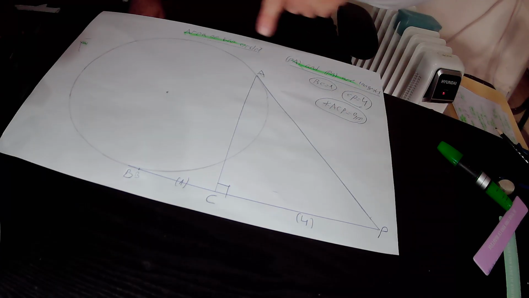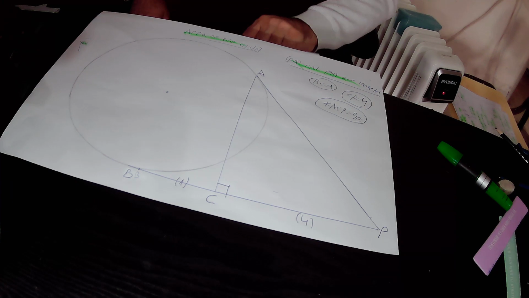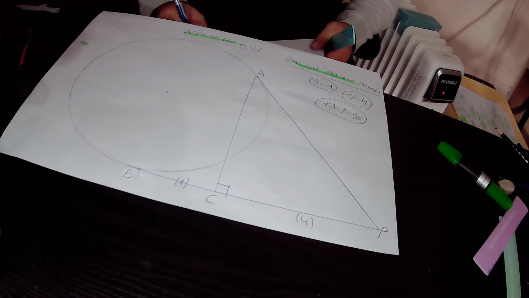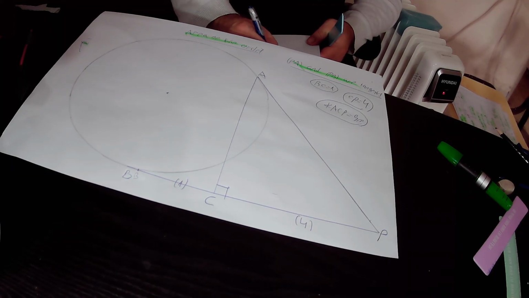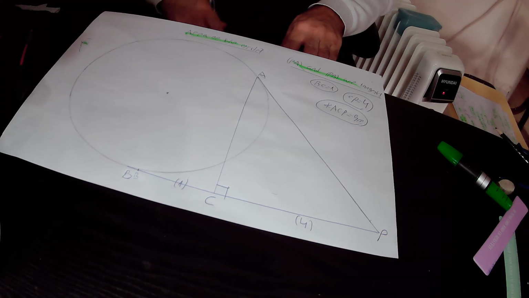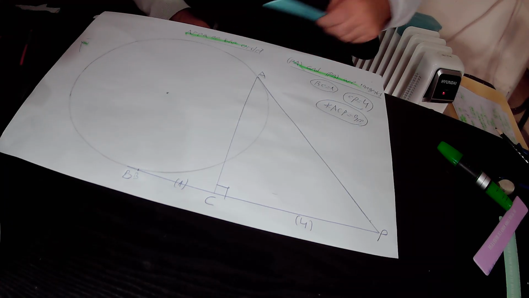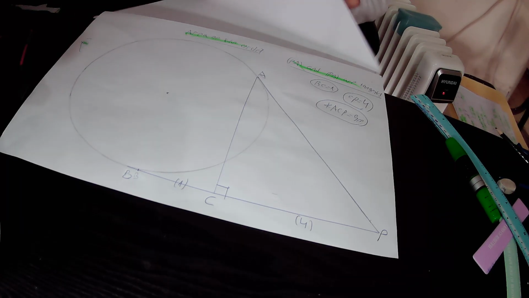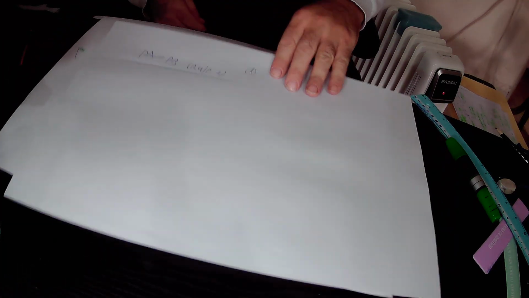That is to say, PA equals PB. Now in the original drawing, we apply rule 2: tangent PA equals tangent PB in its length.